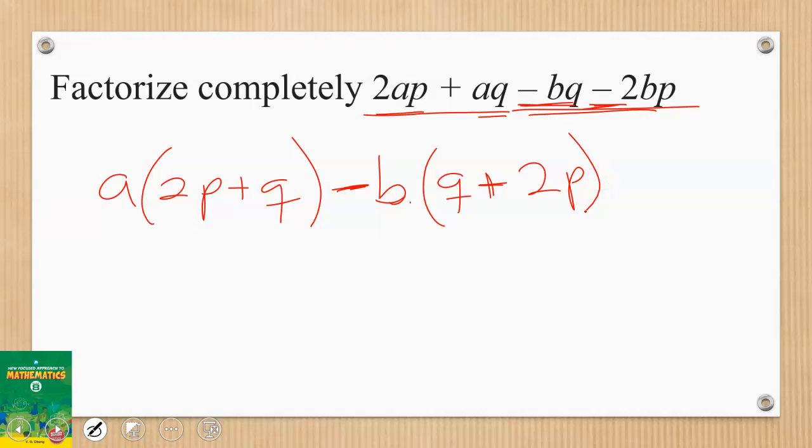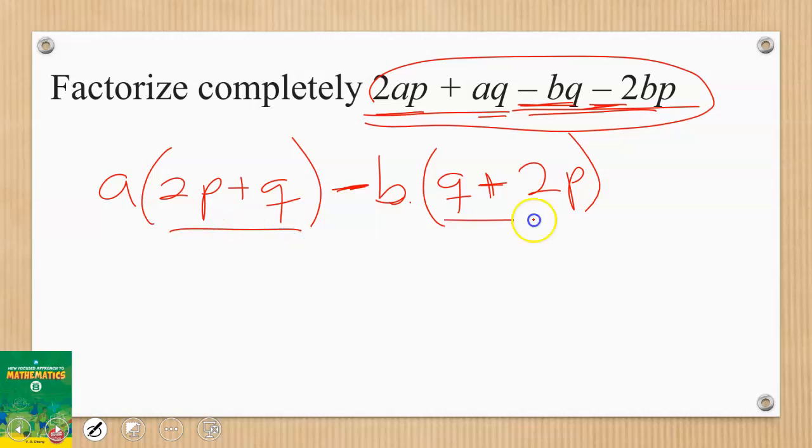Now, when you finish, you always realize that the expressions in the brackets must always be the same. They must always be the same. If they are not the same, then the approach you are using is not right. So it means you have to reorganize the terms so you can get a factorization in which whatever is in the bracket is the same on both sides.